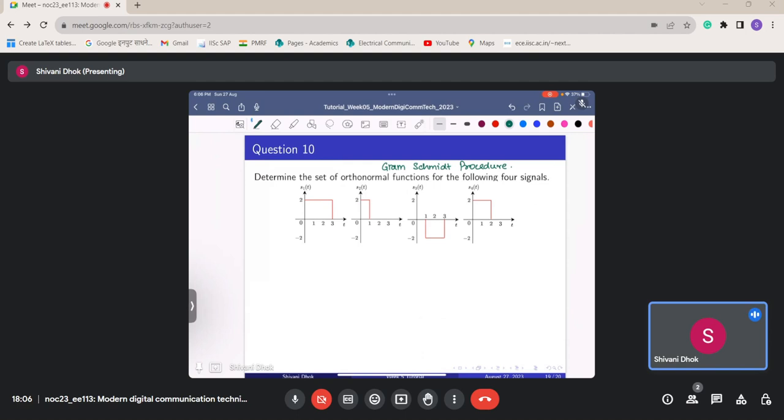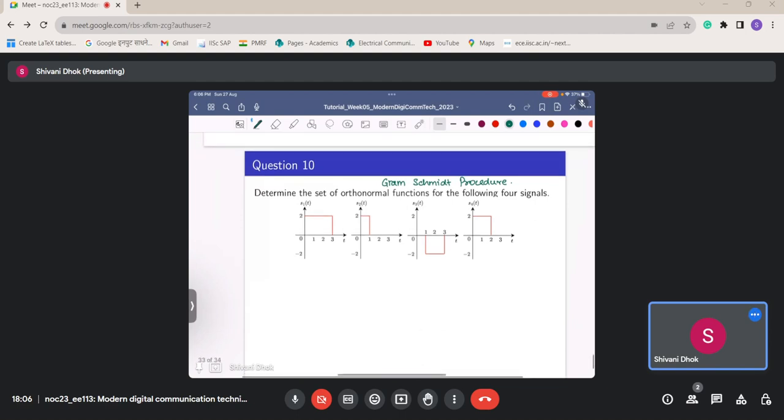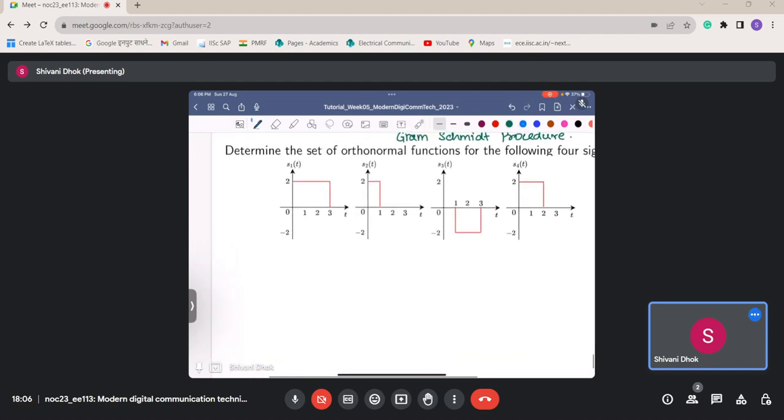Okay, so let's start. We are having four signals, so we'll have at most four orthonormal functions. So let's start with the intermediate functions.